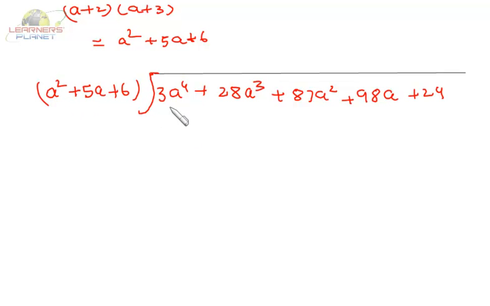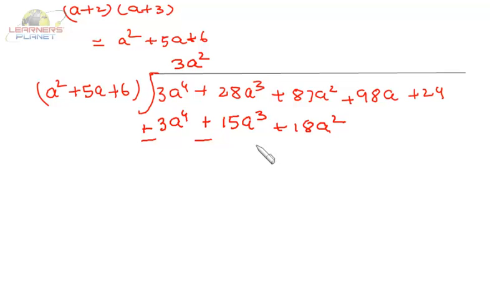It's a^2 over here, and to get 3a^4, I must write 3a^2 as the first term of the quotient. So 3a^2 into a^2 is 3a^4. Now 3a^2 into 5a is 15a^3, and 3a^2 into 6 is 18a^2.